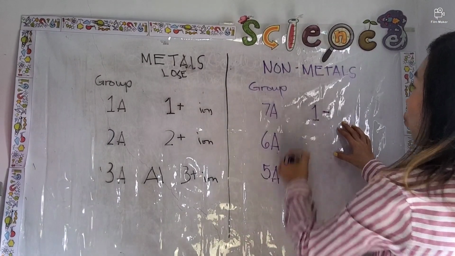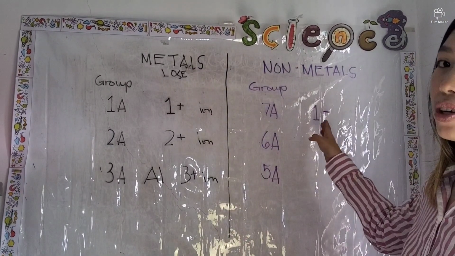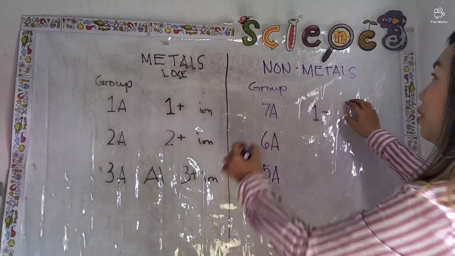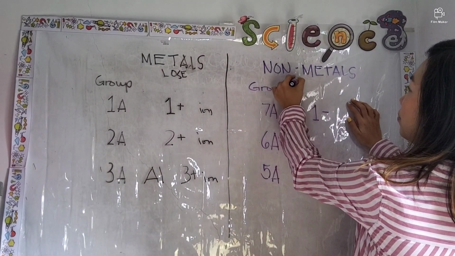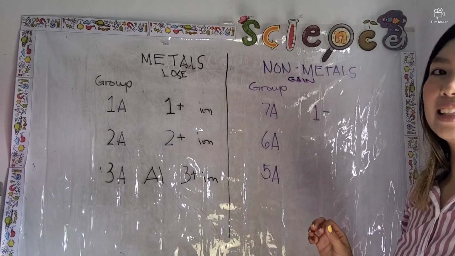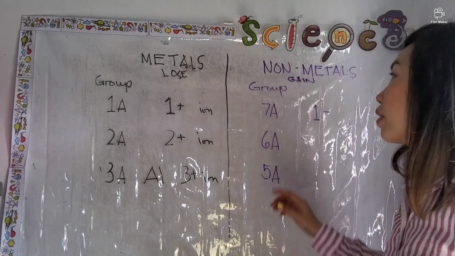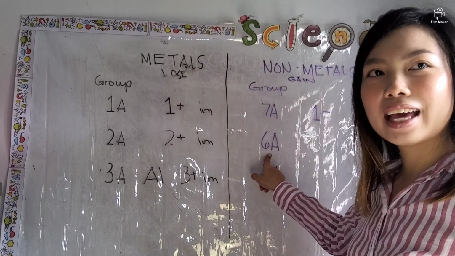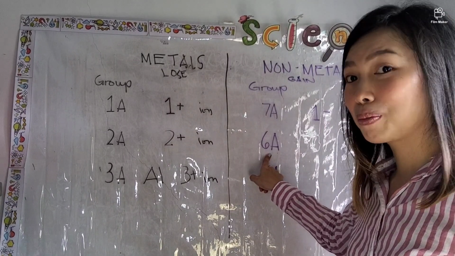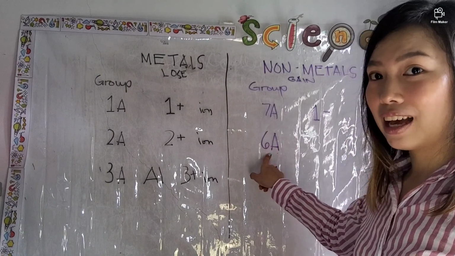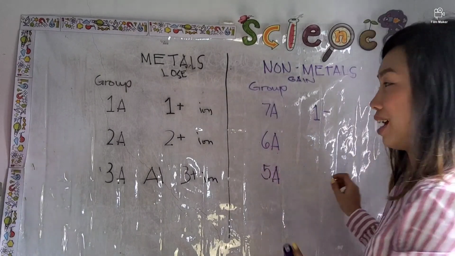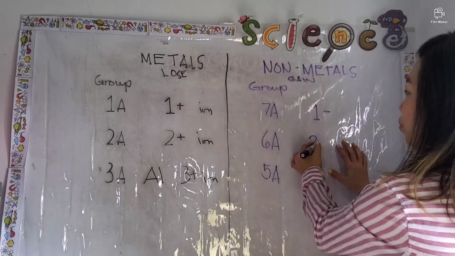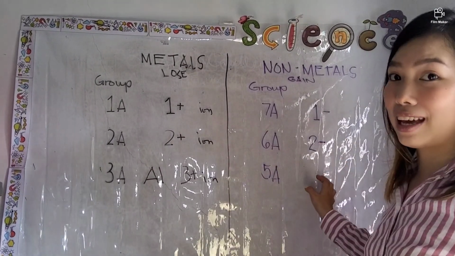So it will have 1 negative because it gains 1 electron to be stable. Non-metals will gain. Then, for group 6A, lahat ng elements na makikita mo sa group 6 will gain, of course, 2 electrons. So it will have an ion of 2 negative.